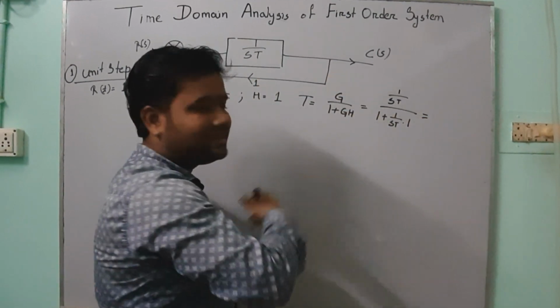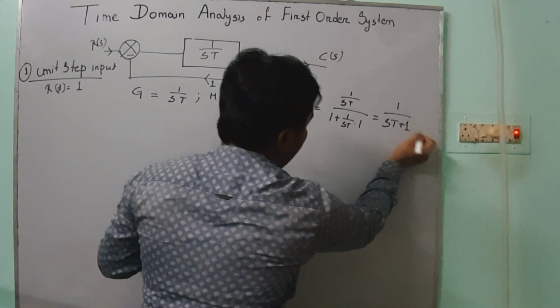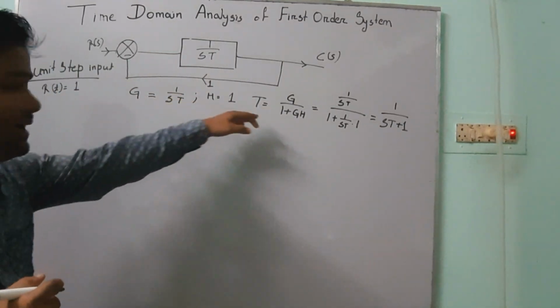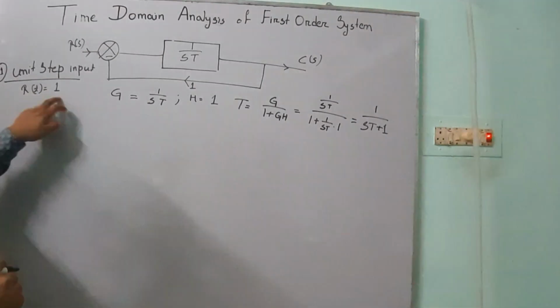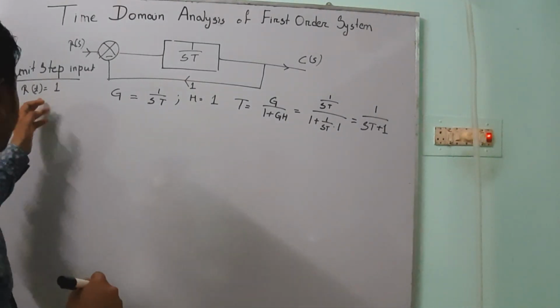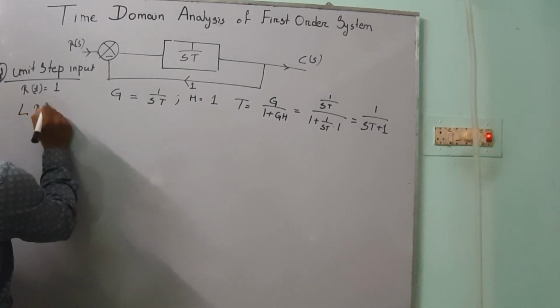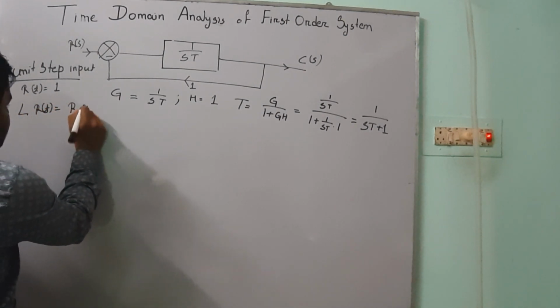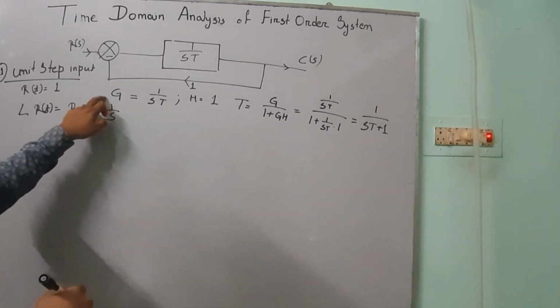By simplifying this, I get 1 divided by sT plus 1. This is the transfer function, and the input is 1. The Laplace transformation of the input, that is Laplace transformation of R of t, gives R of S equal to 1 by S.